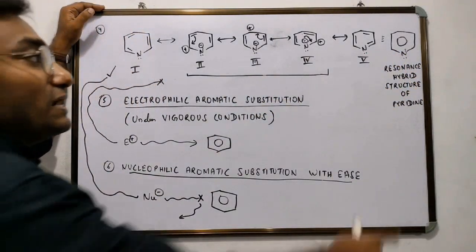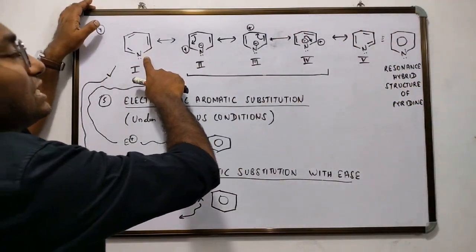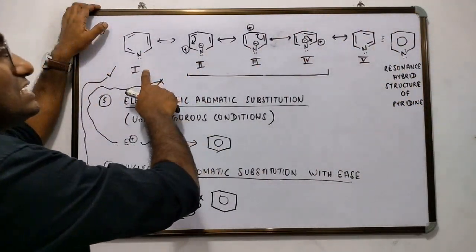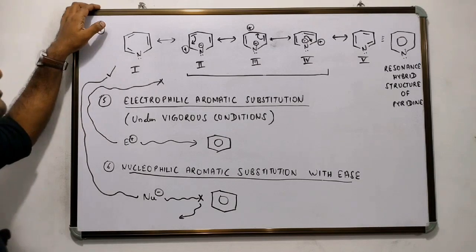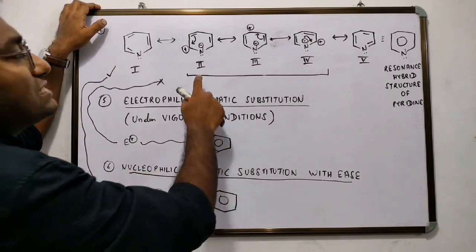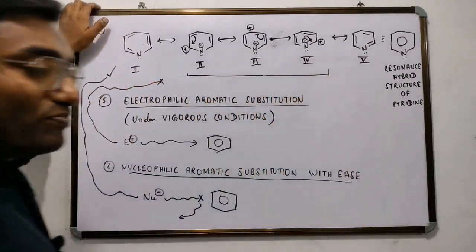That is to say that pyridine spends most of its time as Kekulé resonating structure, structure 1 and structure 5, while it spends lesser time as ionic resonating structures 2, 3 and 4.